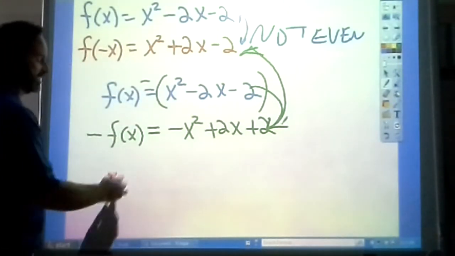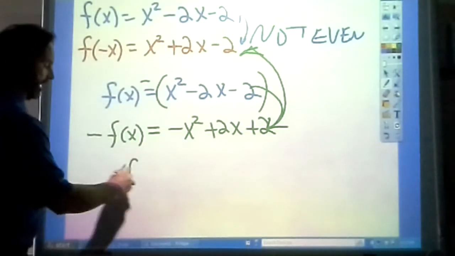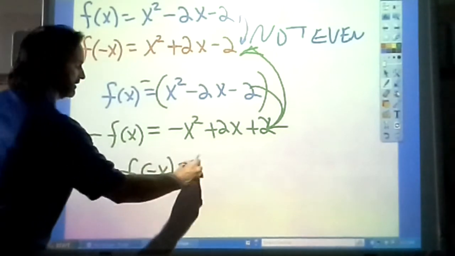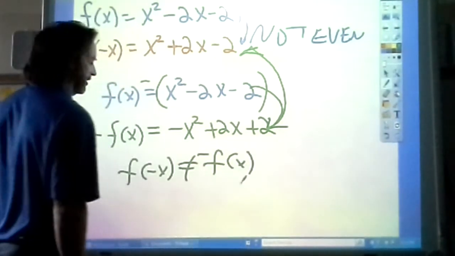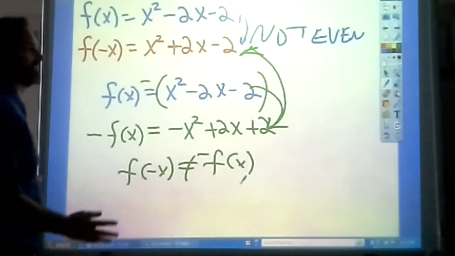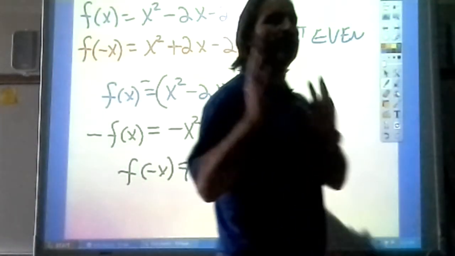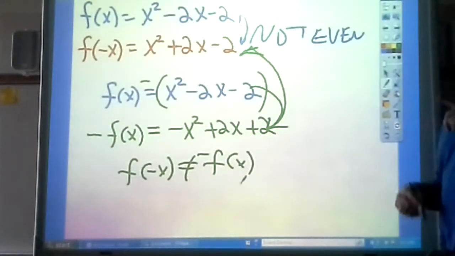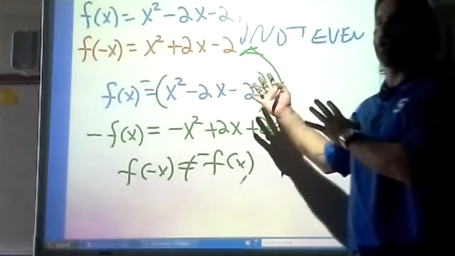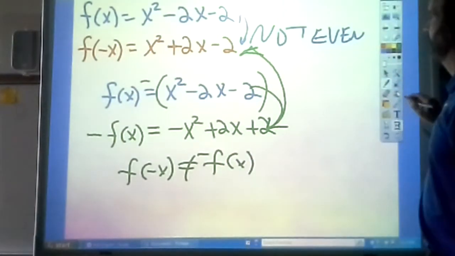So it's not odd either, because f of negative x does not equal negative f of x. So that's an equation that's neither. You should be able to tell from the graph and the equation. That's what we consider solving algebraically.